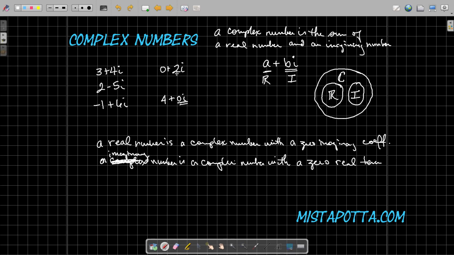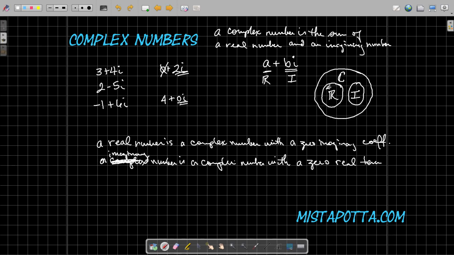So if I'm dealing with a number that's purely imaginary, that means this real term must be 0. So it's important to understand that although I have real numbers and imaginary numbers, they're completely disjoint sets. They don't overlap at all. They are all members of some larger set called the complex numbers.